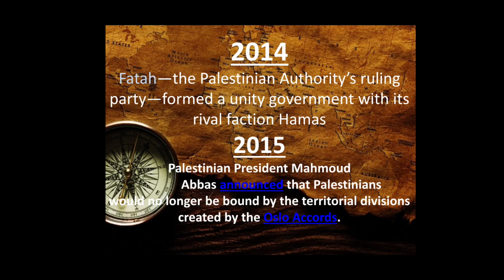The skirmish ended in late August 2014 with a ceasefire deal brokered by Egypt, but only after 73 Israelis and 2,251 Palestinians were killed. After a wave of violence between Israelis and Palestinians in 2015, Palestinian President Mahmoud Abbas announced that Palestinians would no longer be bound by the territorial divisions created by the Oslo Accords.